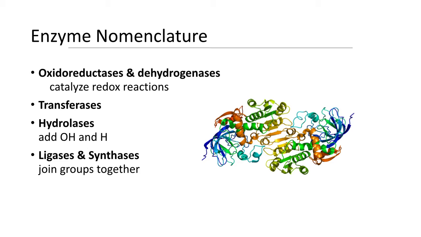Transferases, as the name refers to, transfer one group from one place to another. Hydrolases add OH and H, or as they're combined, they're adding an equivalent of water, usually the OH to one place and the hydrogen to another. Ligases and synthases are names that are used to join different groups or different molecules together.